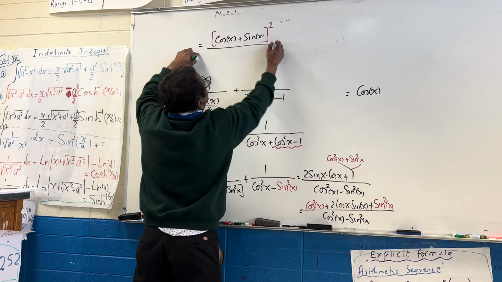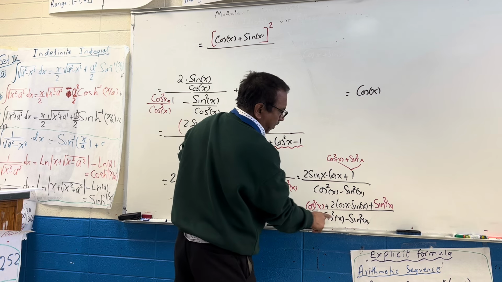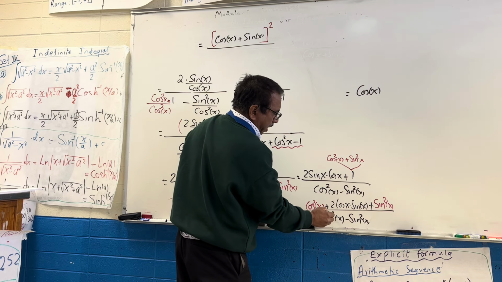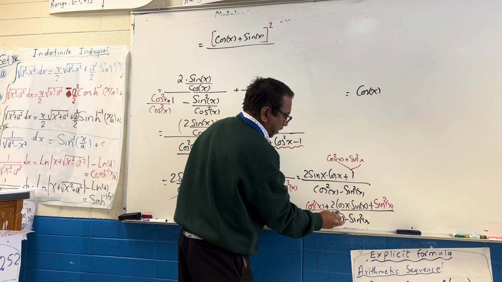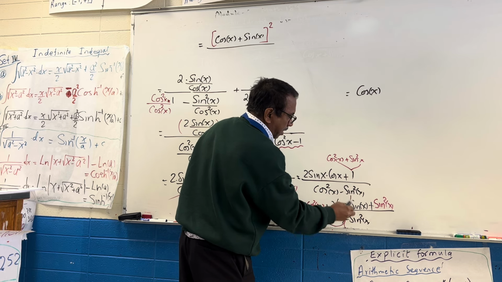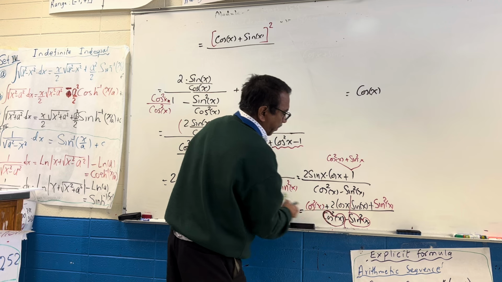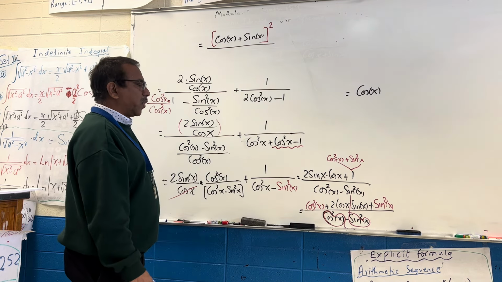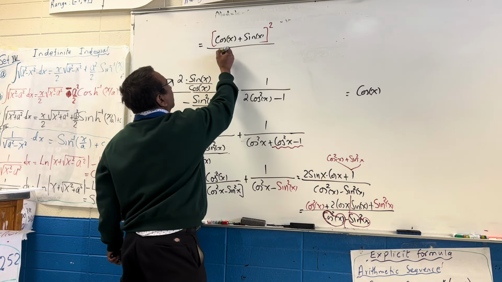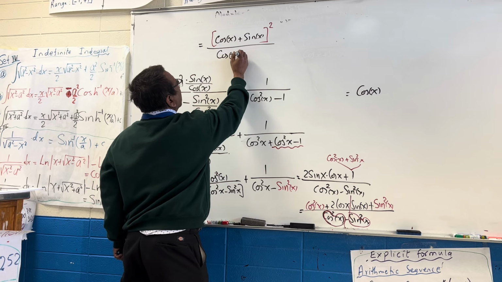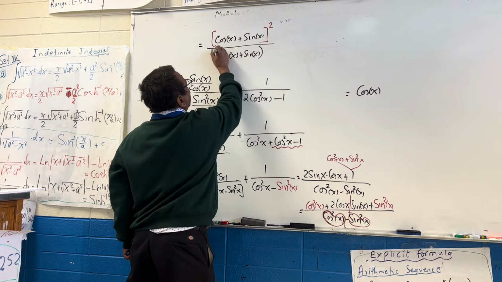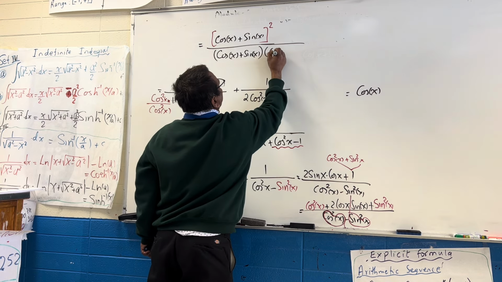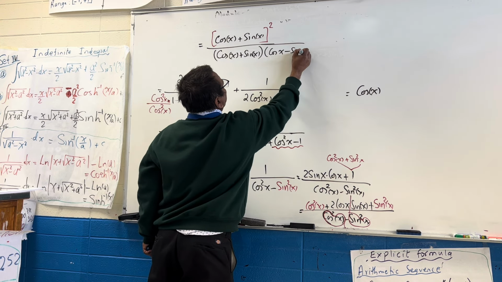And then the denominator is of the form difference of squares. So this part is a, and here this is b, right? So a squared minus b squared is a plus b, a minus b. So we can write cosine of x plus sine x, and cosine of x minus sine x.